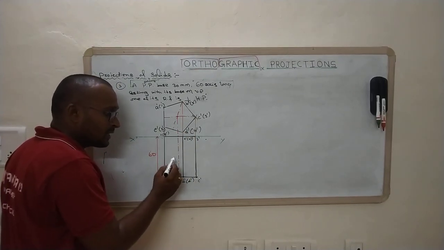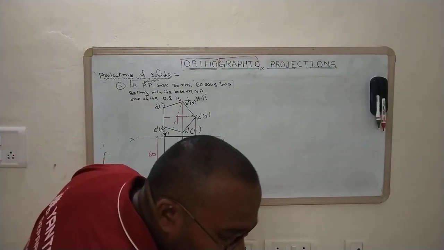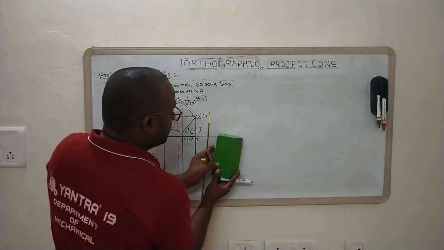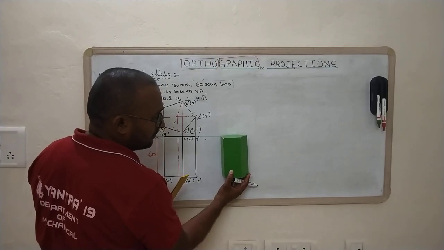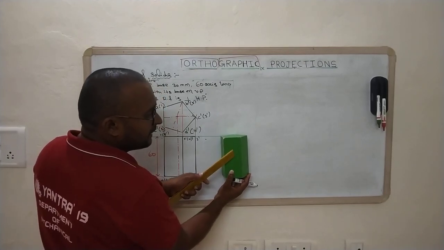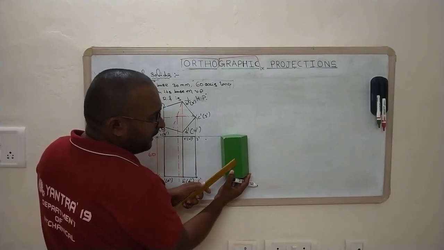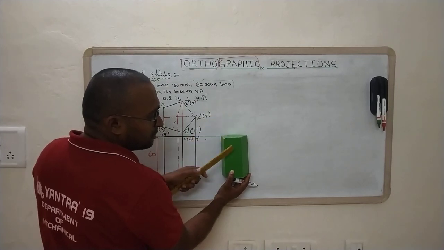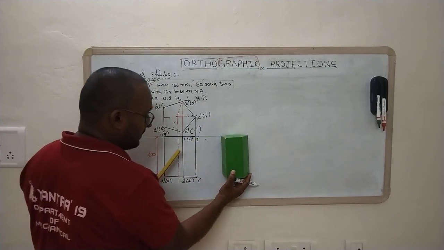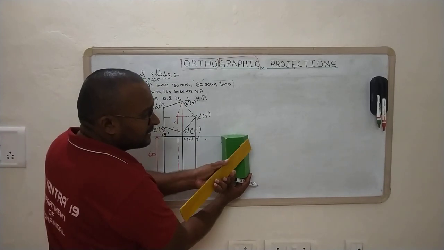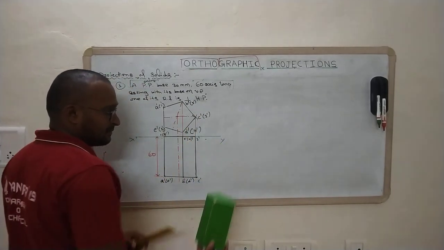There are two surfaces going to be visible like this. One surface has a little inclination with VP, so its surface area will be huge, and the other surface area will be less.